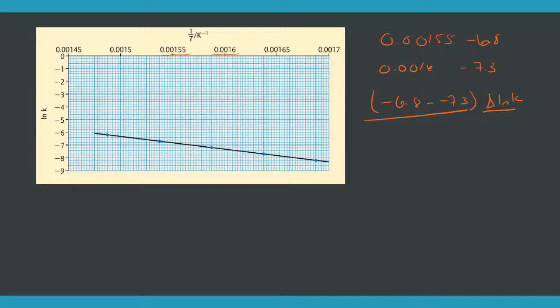Then I take 0.0015 minus 0.0016, and that's my change in 1 over T. When you figure that out, you get 10,000. So that is your gradient.